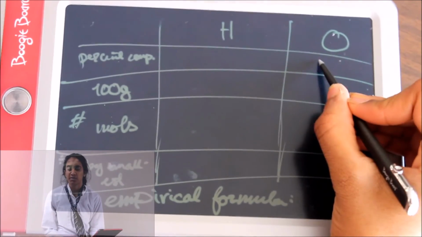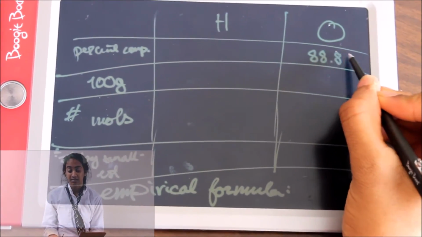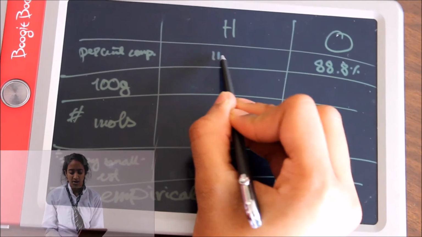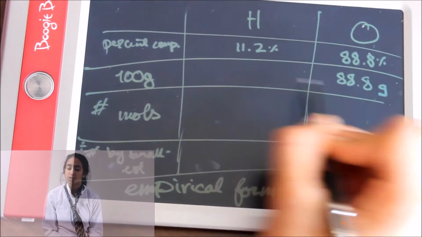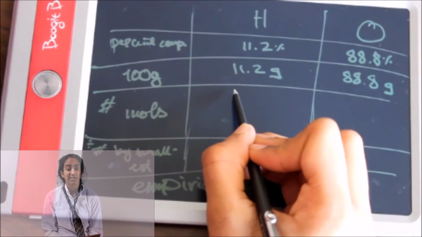Subtracting that from 100, the percent composition of hydrogen would be 11.2%. So when we're trying to find the empirical formula, we're going to say that 100 grams equals 100%. This means that we have 11.2 grams of hydrogen and 88.8 grams of oxygen.